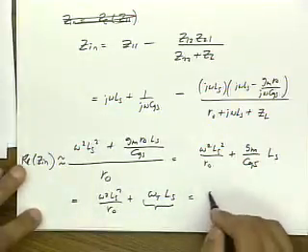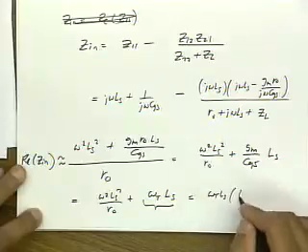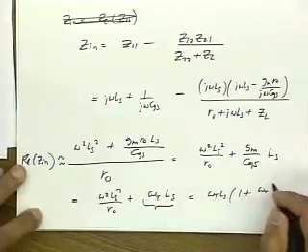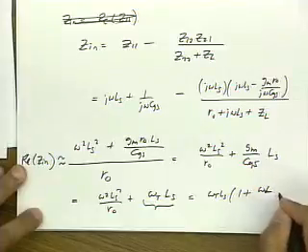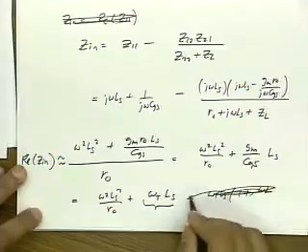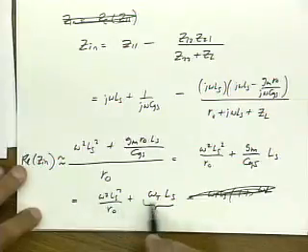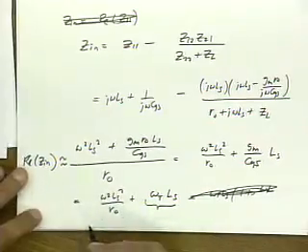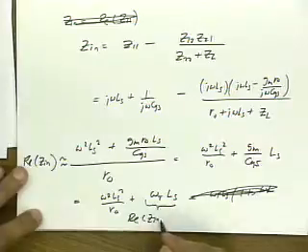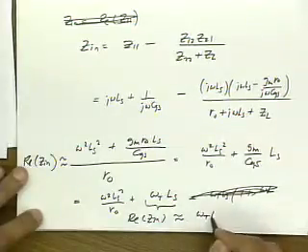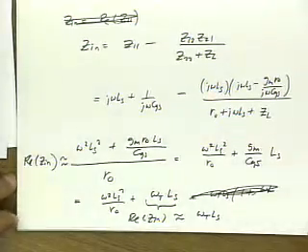So I can write this as omega T Ls. If I just assume that this is much larger than this, then this term will actually dominate. And so the real part of Zin is approximately omega T Ls. Okay?